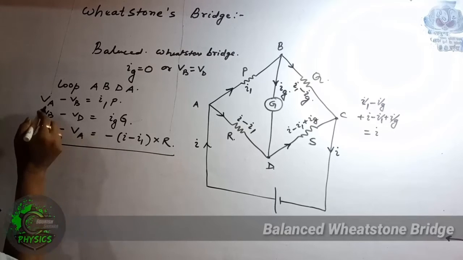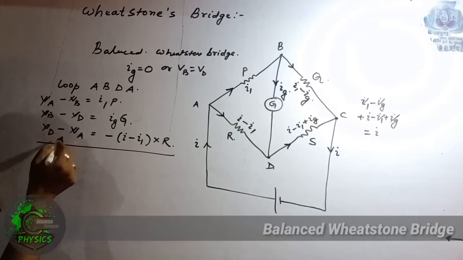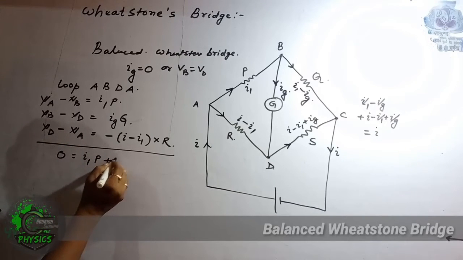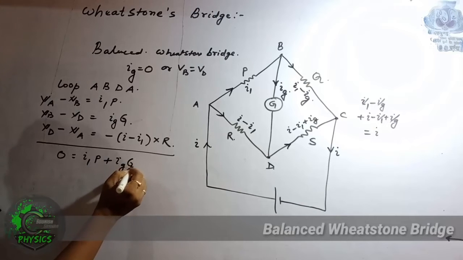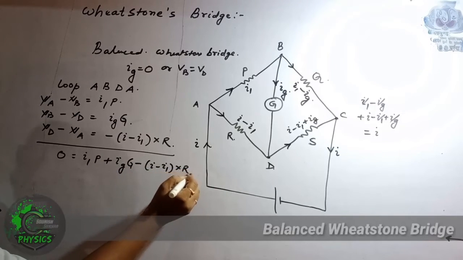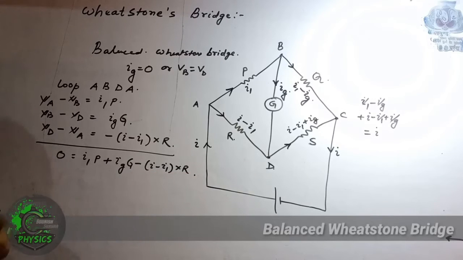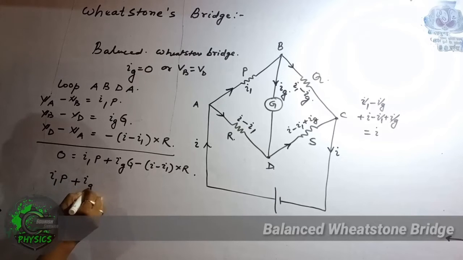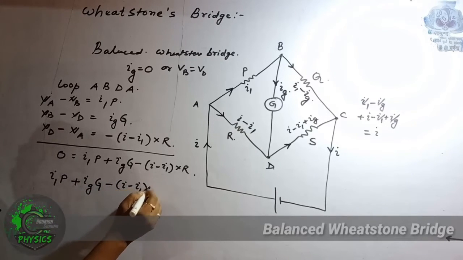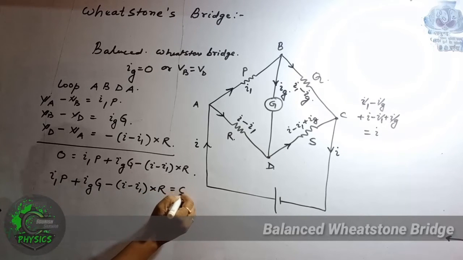If we add these three equations, then we get on the left side 0 equals I1P plus Ig into G minus I minus I1 into R. So we get I1P plus Ig into G minus I minus I1 into R equals 0.